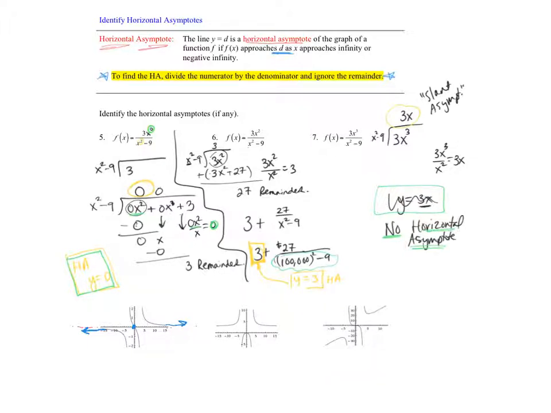And you can see on this graph that it doesn't look like it will touch. And we also had a horizontal asymptote at y equals 3. So right there. And then you can see this is what a slant asymptote looks like. Not a horizontal line, but that diagonal line, y equals 3x.